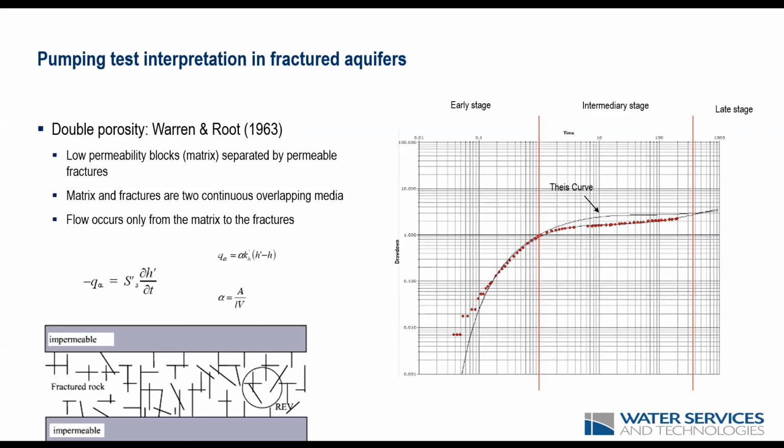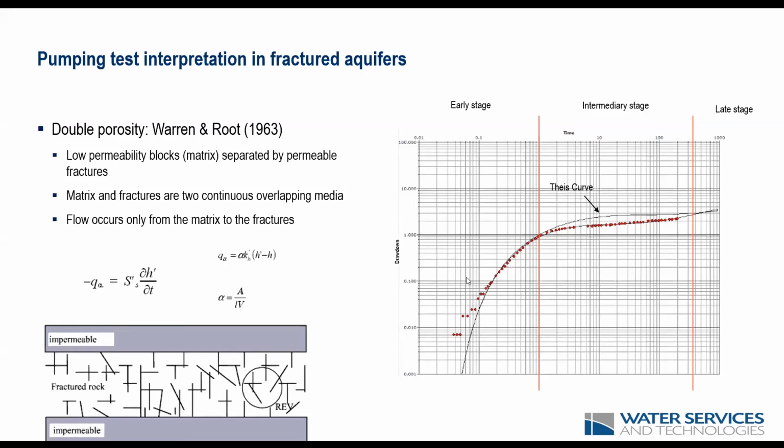Alpha is a parameter that depends on the geometry of the matrix blocks and is related to this capital A parameter, which would be the matrix block surface, and V, which would be the matrix block volume, and L, which would be a characteristic length of the block. As we'll see, these are adjustment parameters. In AquiferTest, we don't have to necessarily specify these three parameters for the matrix block.